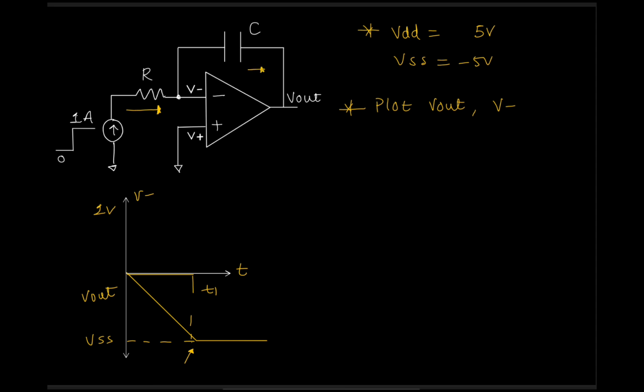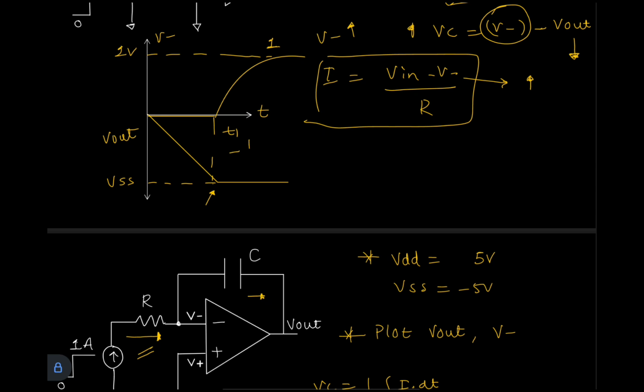What will be the slope? Vc is 1 by C integral of I dt. So I is constant, so R is not needed here. Vc is equal to I by C into t. So the slope will be 1 by C, and earlier the slope was 1 by RC.